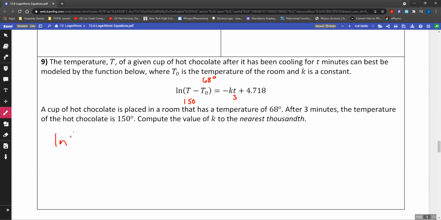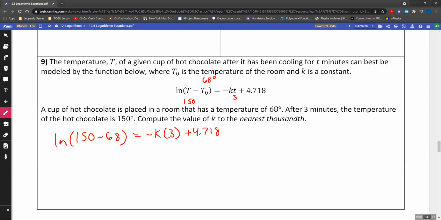So what we're going to do is ln of 150 minus 68 equals negative K times 3 plus 4.718. All right, so this one's going to be a little bit weird.